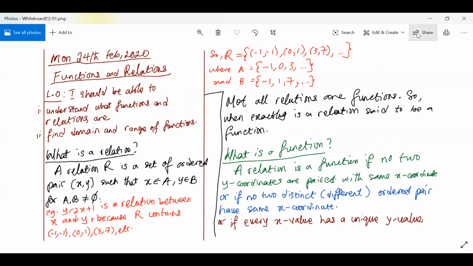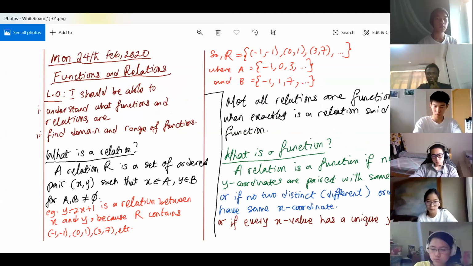Which means if you are thinking of the inverse, you must be thinking of it how? Anyone? Can you guess? If you are thinking of the inverse now, what would this definition look like? The definition in blue: no two distinct ordered pairs have the same y coordinate. Exactly. Because by the time it is inverted, the x coordinate becomes the y coordinate.